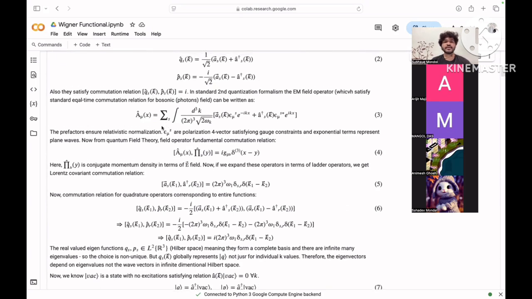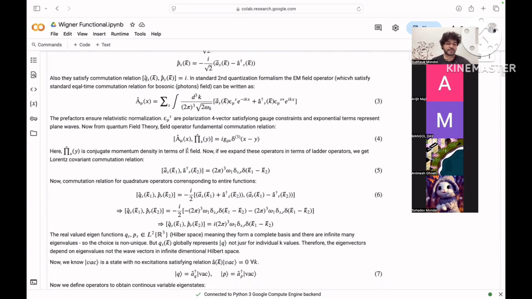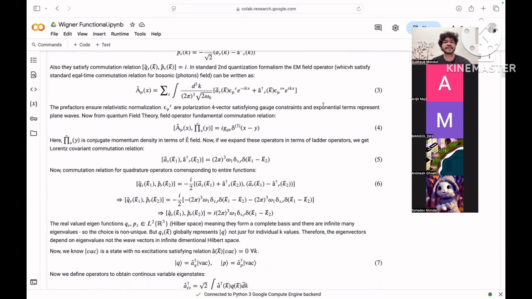In order to do that, we take the help of quantum field theory. From quantum field theory, for bosonic photon states, the electromagnetic field operator can be written like this.